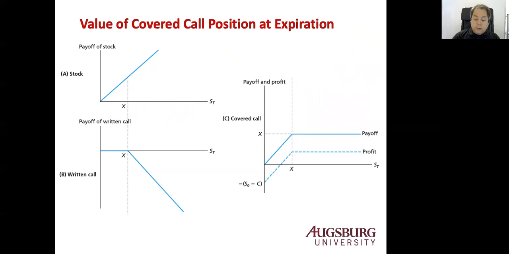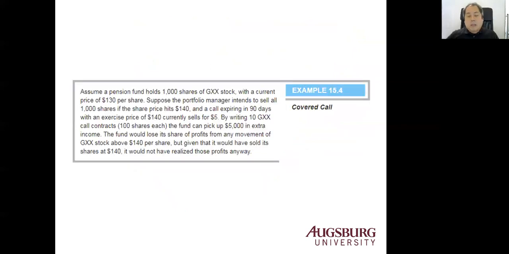So that's how the covered call is used. When a fund manager intends to sell the stock above a certain price, they can use a covered call strategy with the exercise price equal to the target price. You write a call, and you receive the call option premium.